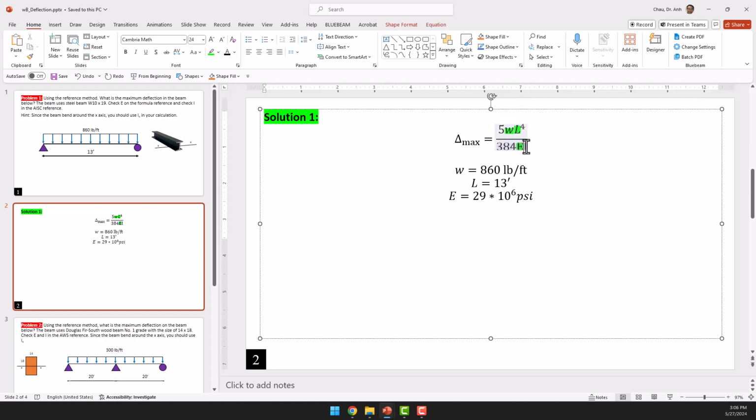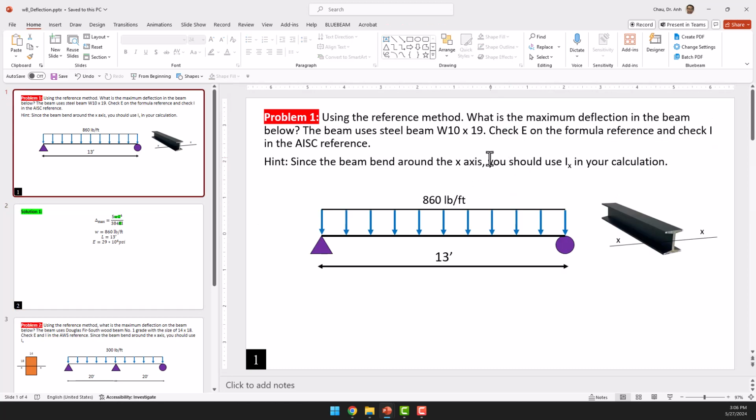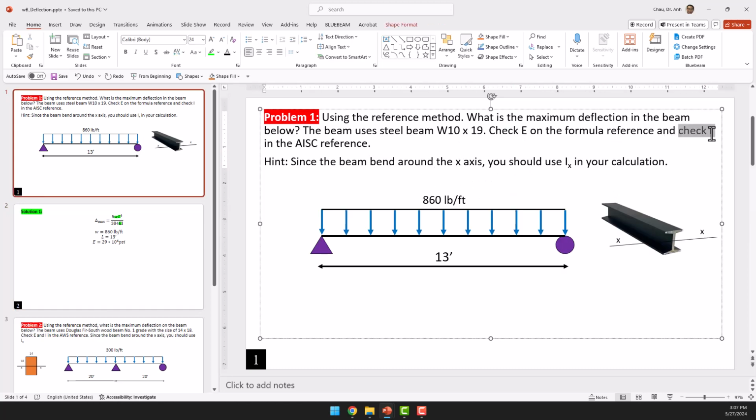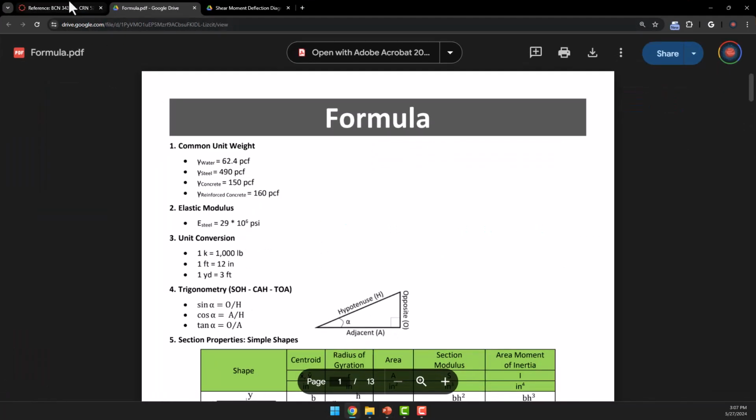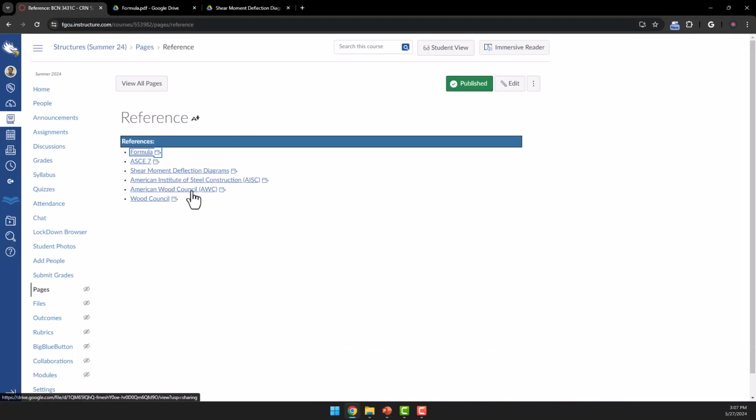So now let's check for I. If you see my note over here, it says check I in the AISC reference. So if you go to Canvas here, AISC stands for American Institute of Steel Construction. We're going to learn more deeply when we move to steel beam design.